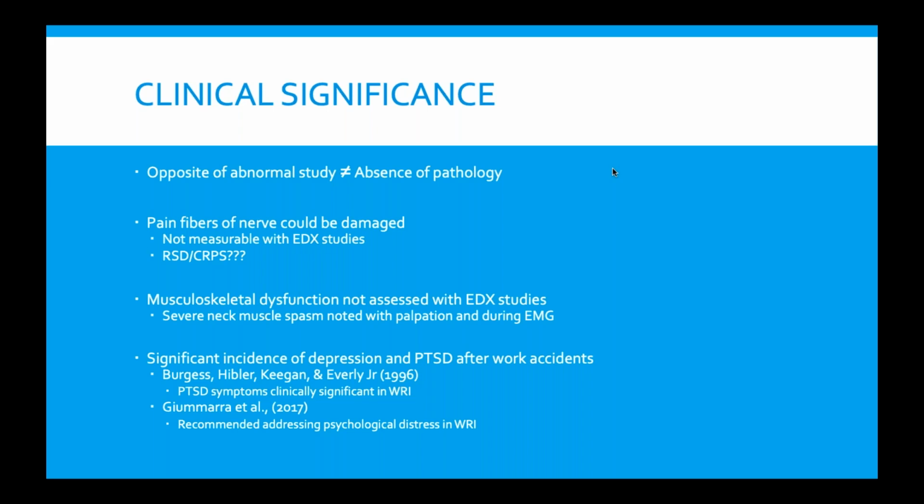So he could have a neuropathy that's only affecting the pain fibers of the nerve, and pain fibers, as we know, are too small to be detected with electrodiagnostic testing. He could also have developed a secondary pain-related syndrome after his initial injury, previously known as RSD and currently known as complex regional pain syndrome. So that could definitely be a factor in this patient.